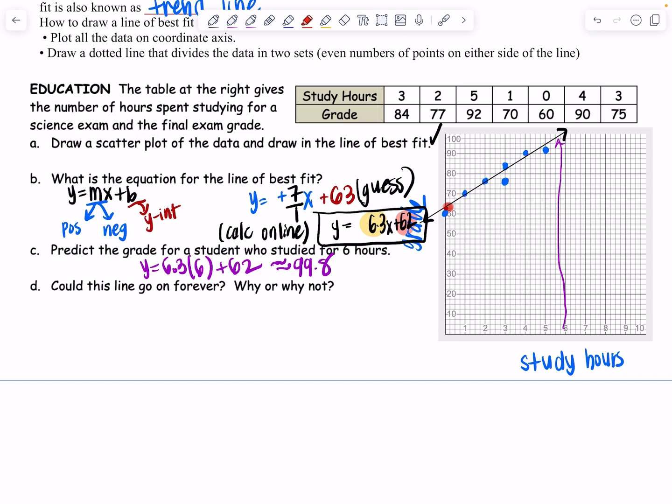So we know that in geometry, lines can go on forever. If it's called a trend line, we know that geometrically those go on forever. But realistically in our situation, would it make sense for this to go on forever? We would say no, because number one, grades do not go on forever. You have a maximum amount of grade points that you can get, even if there's a bonus that tops out eventually.